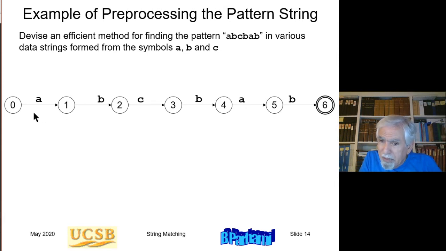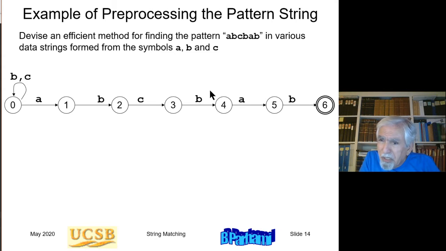Okay, however, this may not go as smoothly as that. So for example, in the string, I can have a part that says ABC, then A again. Okay, so I found A, I found B, I found C, but instead of B following it in the data string, I have an A there.